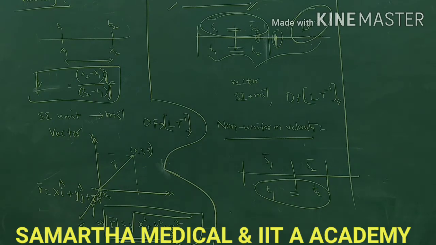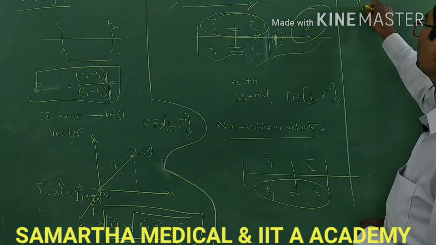If there is a change in velocity which is not 0, the body will have some acceleration. So what is acceleration? That we need to know. After this, we will discuss the average, what is that? Acceleration. Now I will discuss instantaneous velocity.